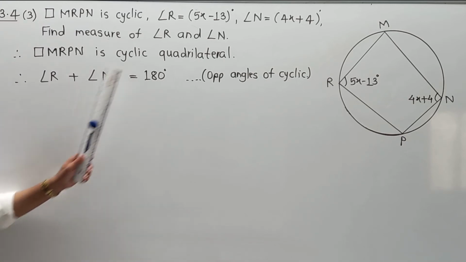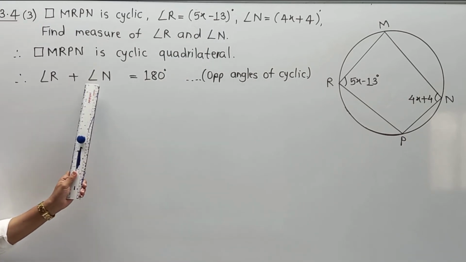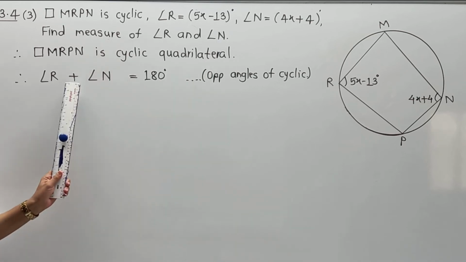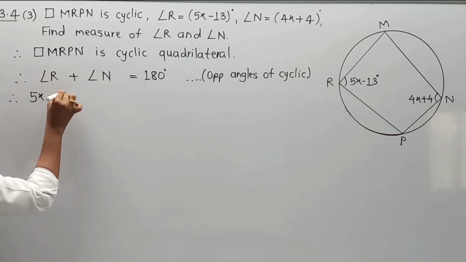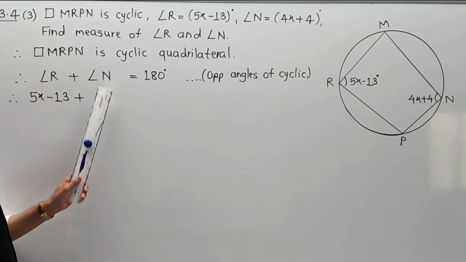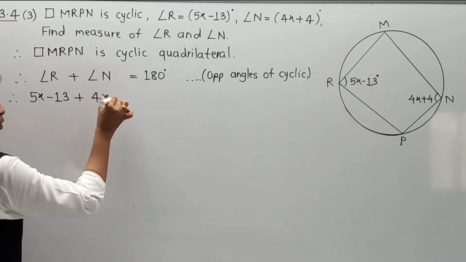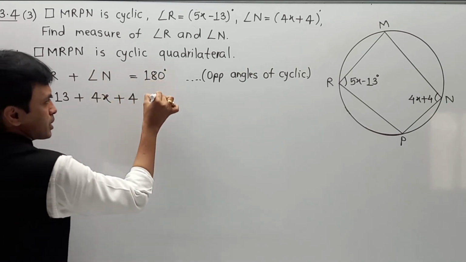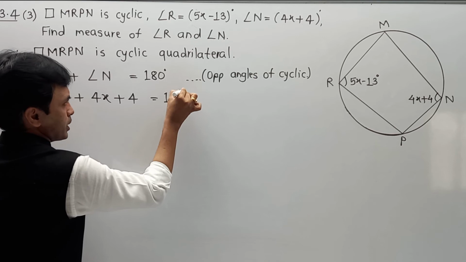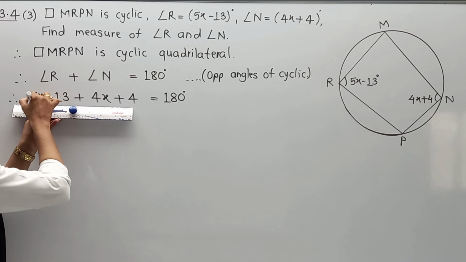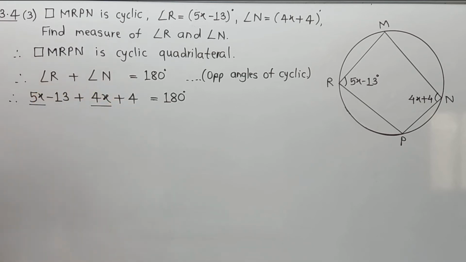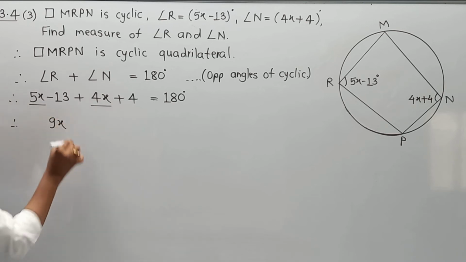Next, angle R value is 5x minus 13 and angle N is 4x plus 4. As there is a plus sign in the middle, we can write the values directly. So angle R, that is 5x minus 13, plus angle N, that is 4x plus 4, is equal to 180 degrees. Now first of all I am going to add the coefficients of x: 5x plus 4x becomes 9x.